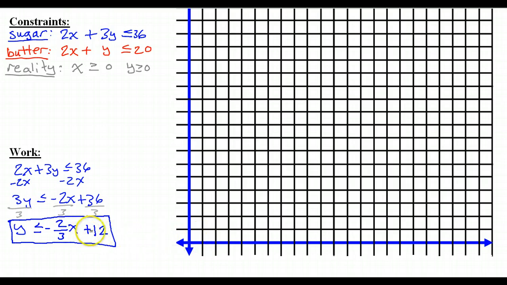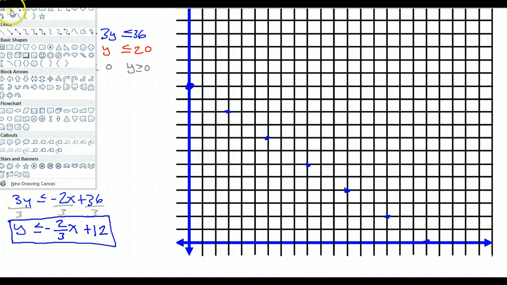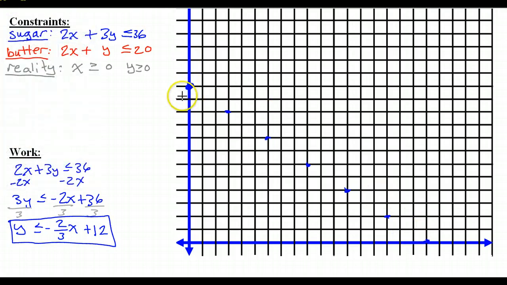All right, 12 looks like a small enough number that should fit. So 1, 2, 3, 4, 5, 6, 7, 8, 9, 10, 11, 12. Down 2 over 3. I'm working it, I'm doing it, I'm living it, I'm loving it. Whoops, I missed.